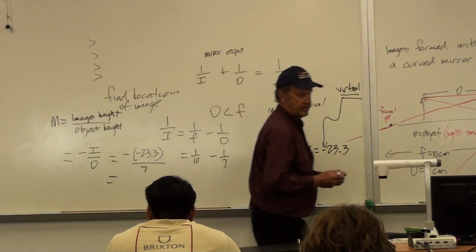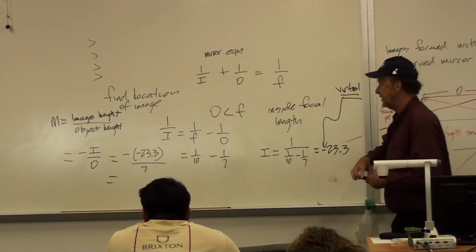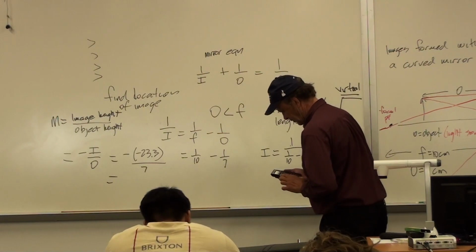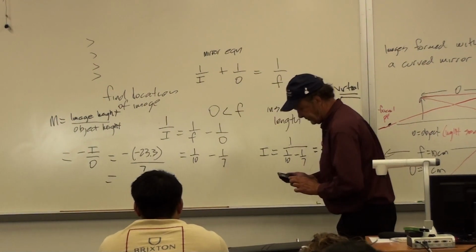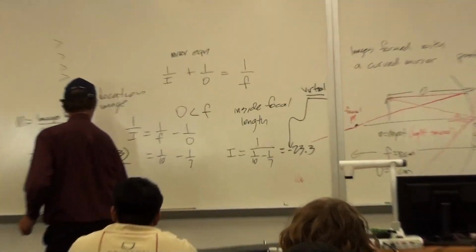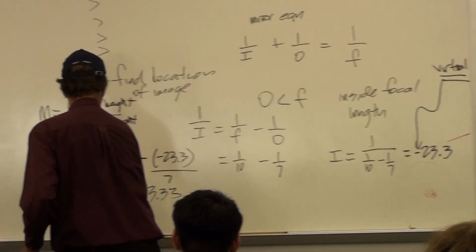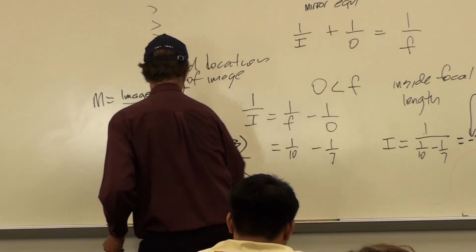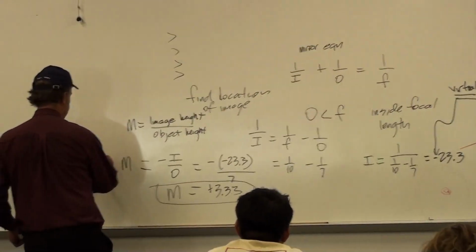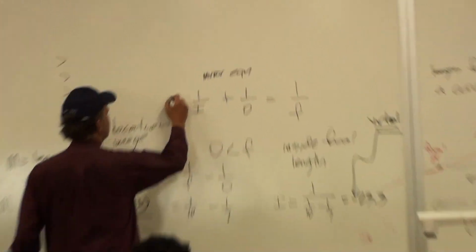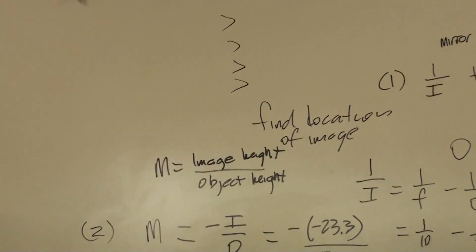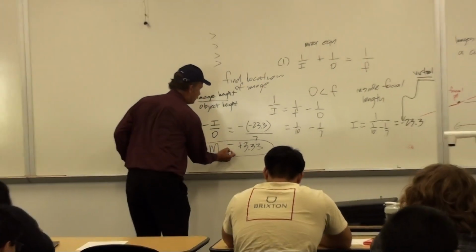So that'll be a little more than 3, 3.33. So plus 3.33. So what we've gotten from analyzing this equation for the magnification, we could call this equation 2, and this equation for the curved mirror, is that it's 3 times bigger.